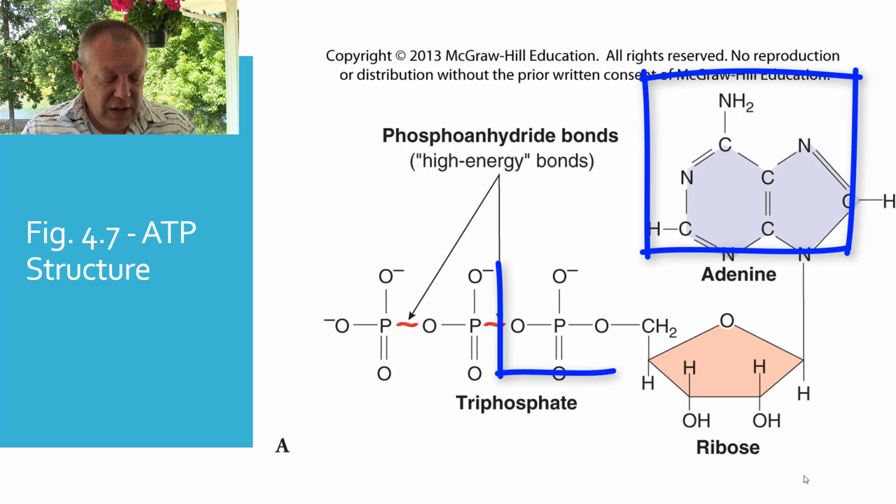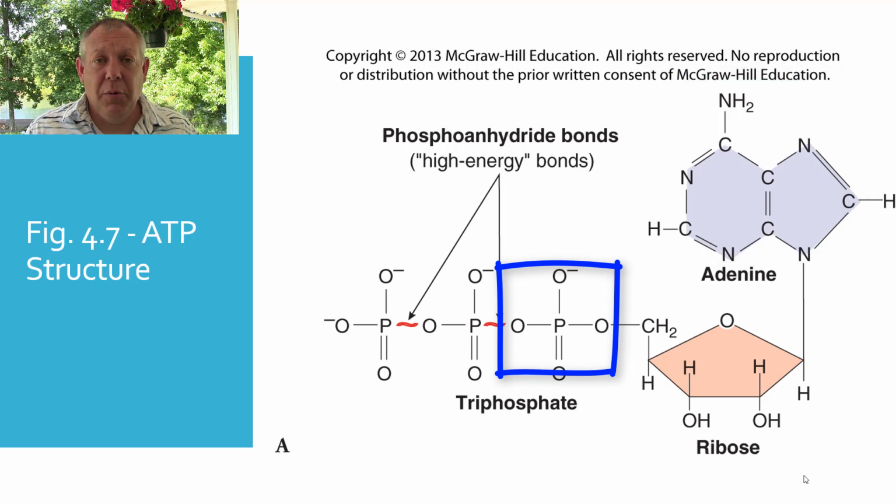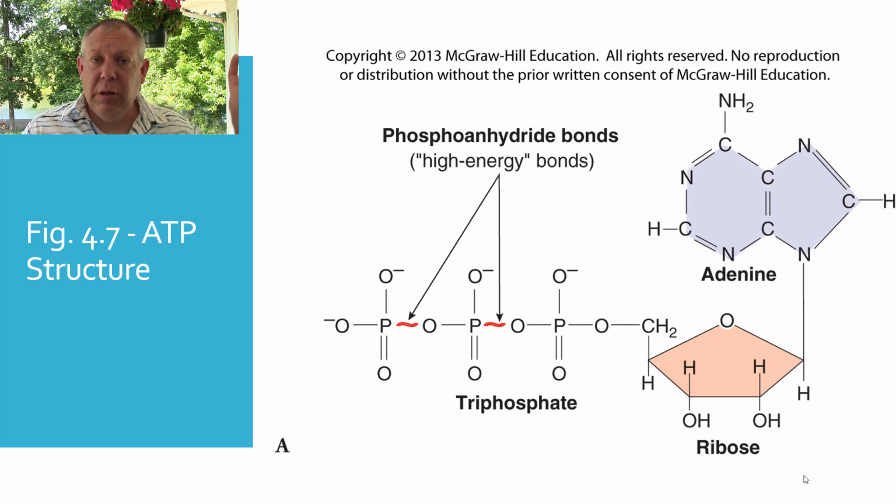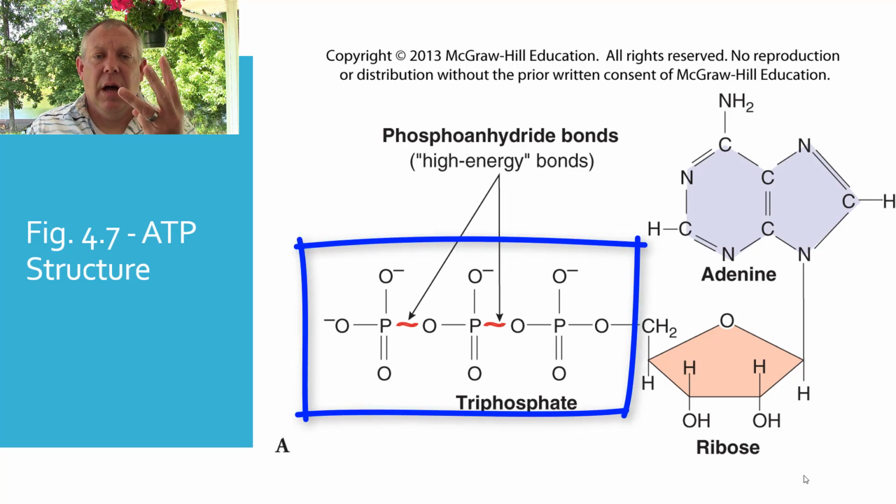If you look at this figure, you see you've got a pentose sugar, which in this case is ribose. You've got the adenine nitrogenous base, just like you used in RNA before. But instead of having one phosphate, now you have three phosphates. And that's what makes this different.